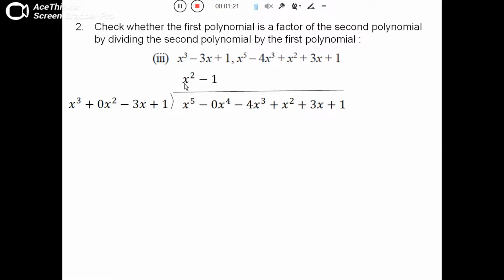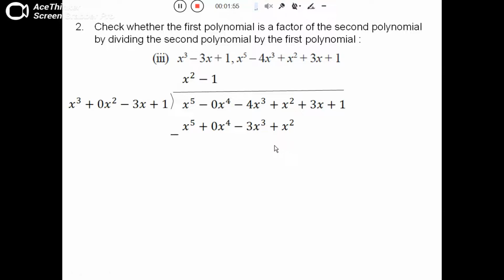So the first quotient will be x square. Why? Because x square into x cube equals the first term of the dividend. So let us multiply this x square with all the terms of the divisor. x square into x cube equals x raised 5, x square into plus 0x square equals 0x raised 4, x square into minus 3x equals minus 3x cube, and x square into plus 1 equals plus 1x square.